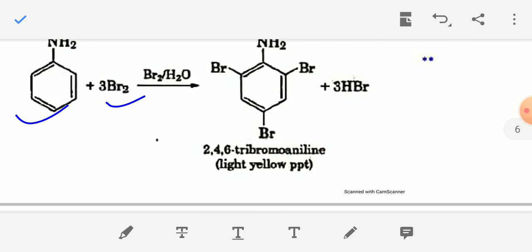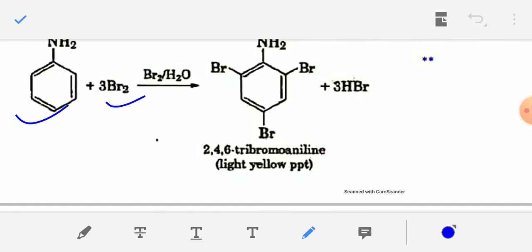Three bromines will enter the ortho and para positions, that is the 2, 4 and 6 positions. So when aniline reacts with bromine water, it will produce 2,4,6-tribromoaniline, and 2,4,6-tribromoaniline is a light yellow precipitate.